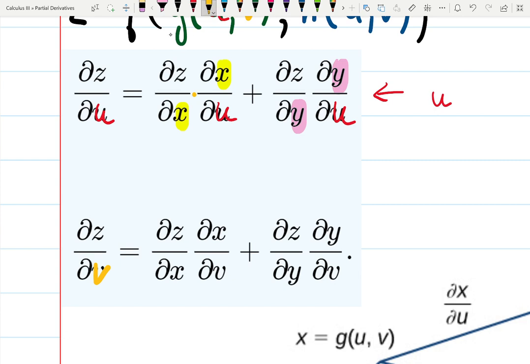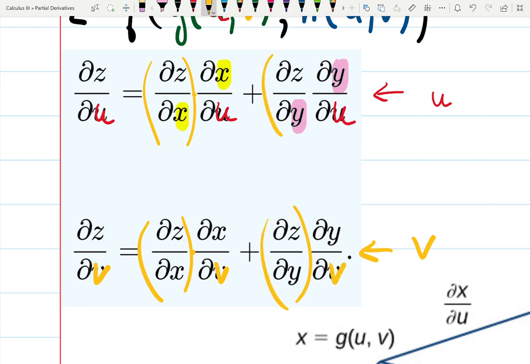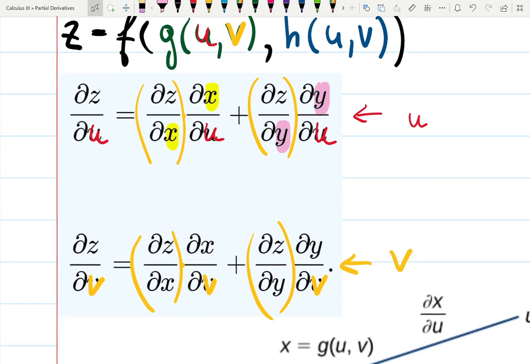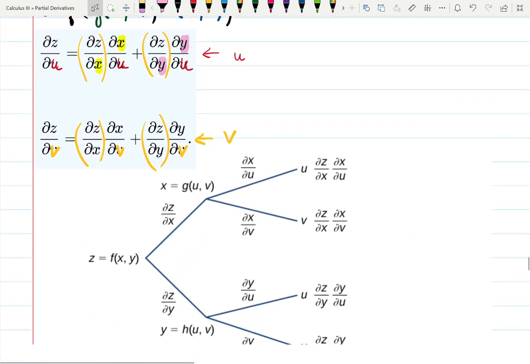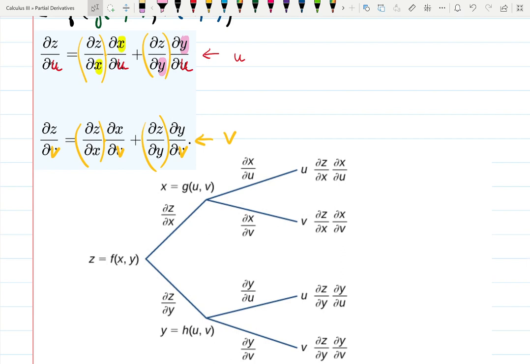But what if I want to get into the v? Then I repeat the whole process, but keeping in mind that the very last step will be different. The first step is the same, but then x is differentiated with respect to v. The first step is the same, but y is differentiated with respect to v. So the first two steps are the same, they just unlock the outside function. But the inside function has a choice. Where do you want to go now? That is why it looks like this kind of tree. Those are called trees.